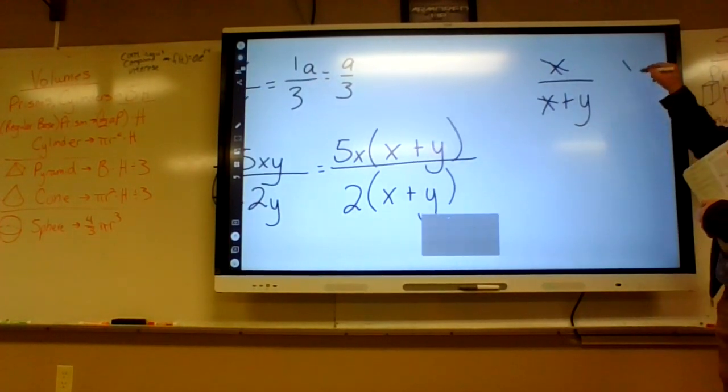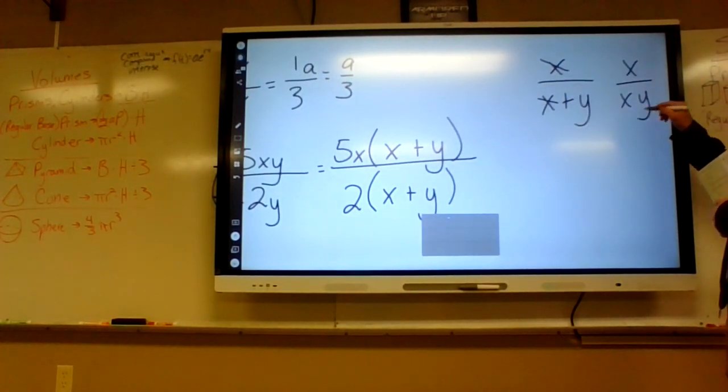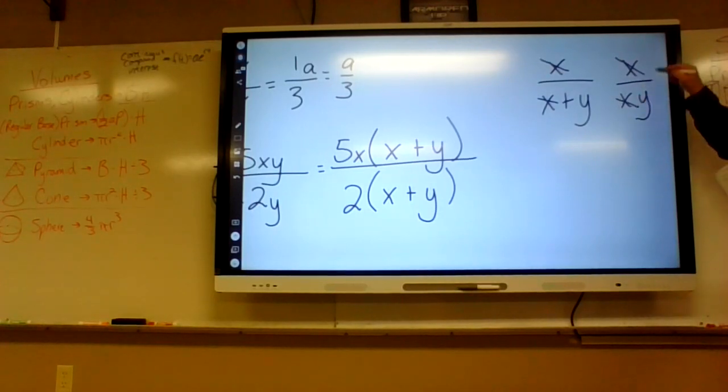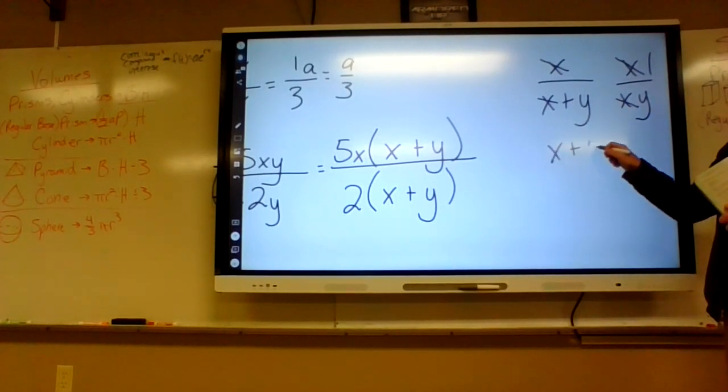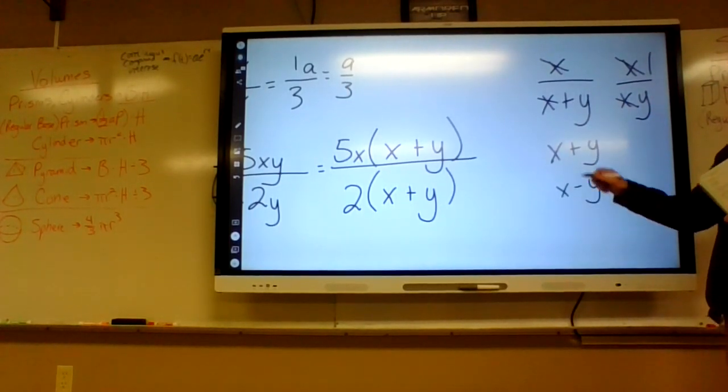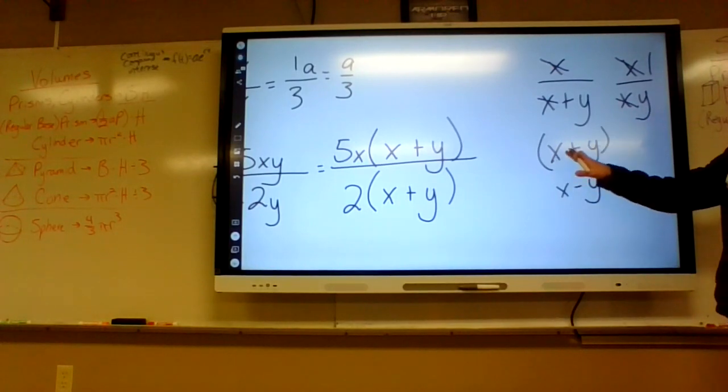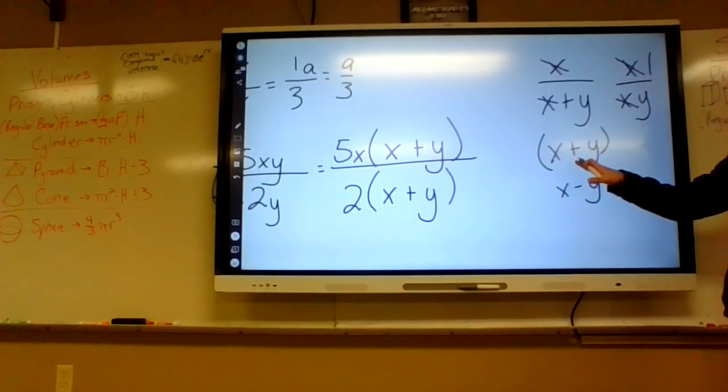You could simplify if it's x and x times y, that does work. That'd be 1 over y. But basically, if you have an x plus y or an x minus y, if you have a plus or minus, just think of this as one thing. It only cancels out with something identical to it.